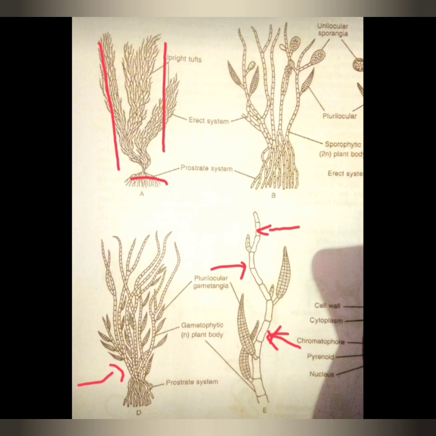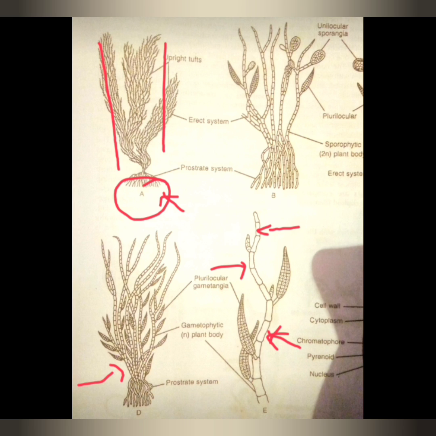Whereas in the prostrate system, the growth is apical. That means at the apical tip of the prostrate system, the cells will divide and further develop to form the major plant body.